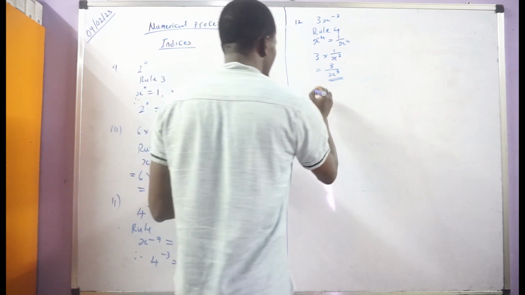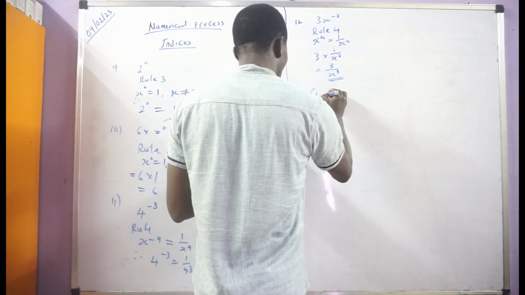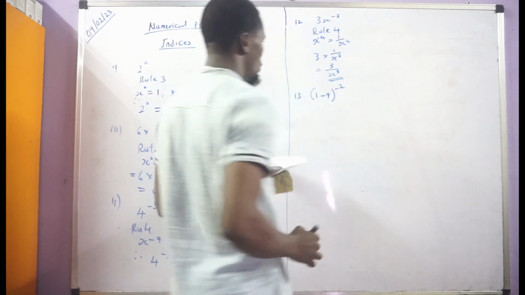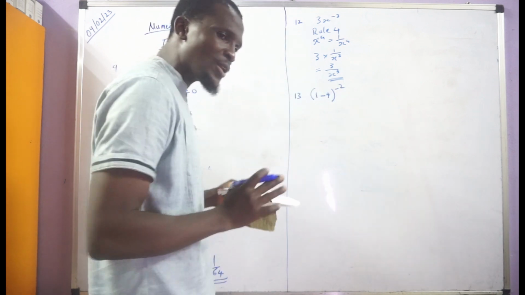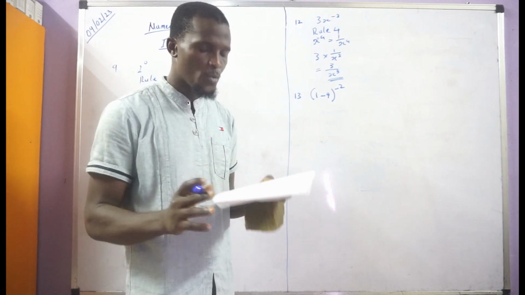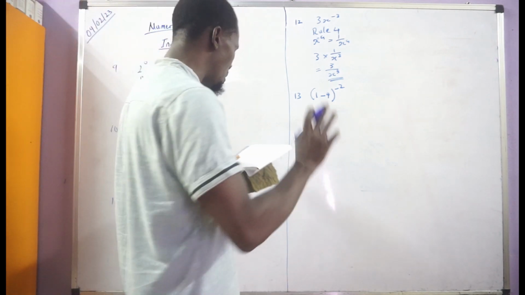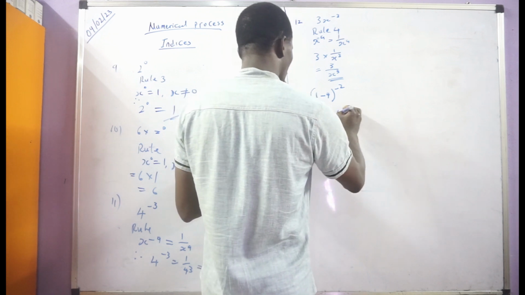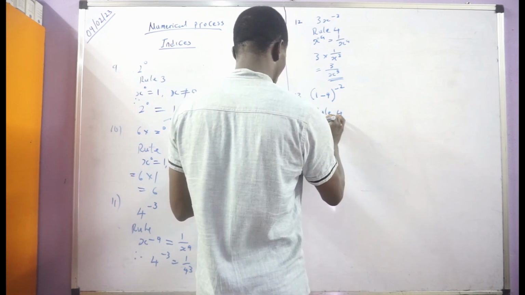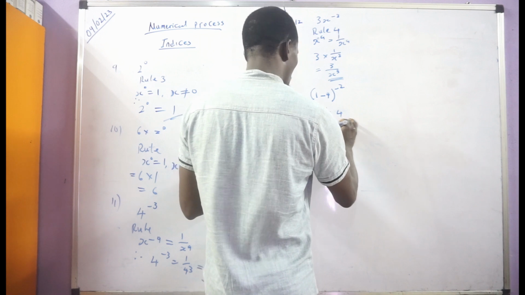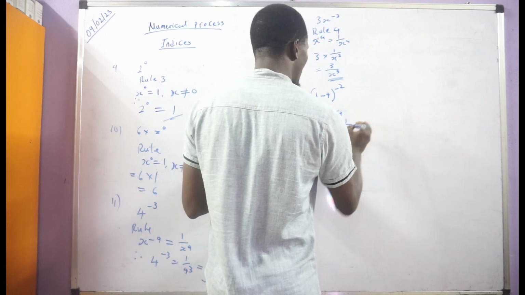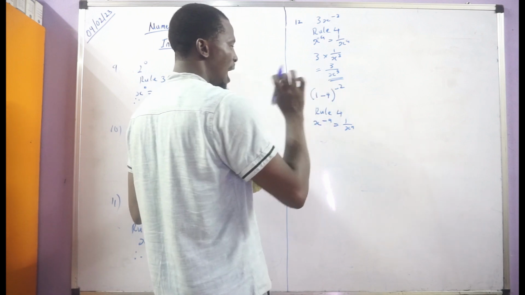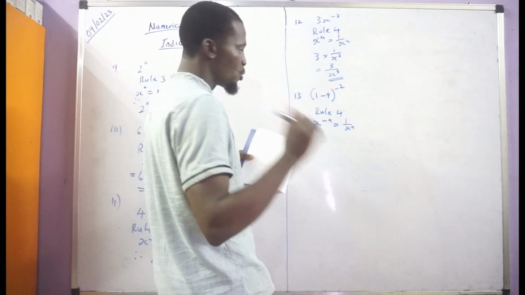So let's do number 13. Number 13 is 1 minus 4 raised to power minus 2. The question states 1 minus 4 raised to power minus 2. We're going to use the same rule 4, which is x raised to power minus a equals 1 over x raised to power a. Applying it, let's assume that all of this is just a single number.